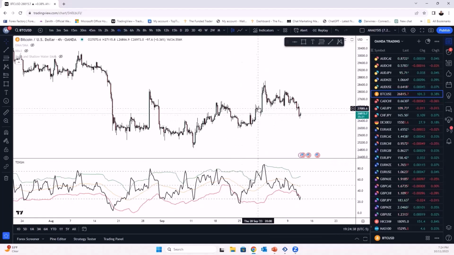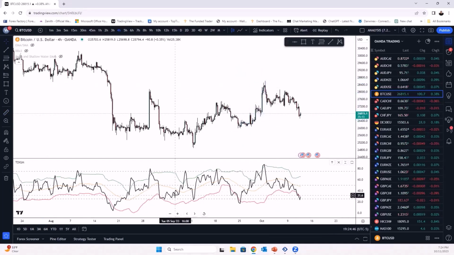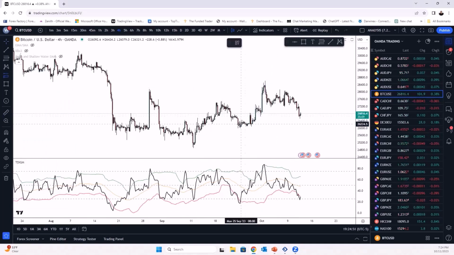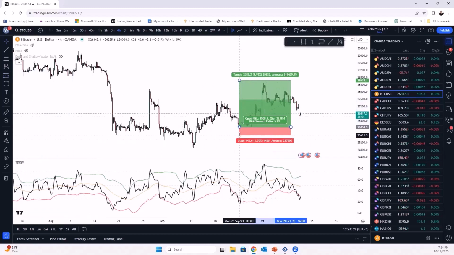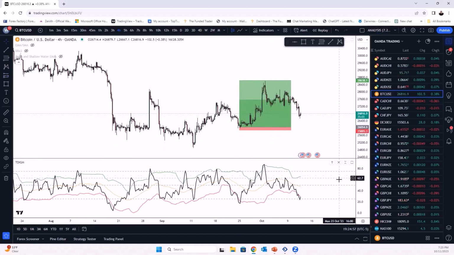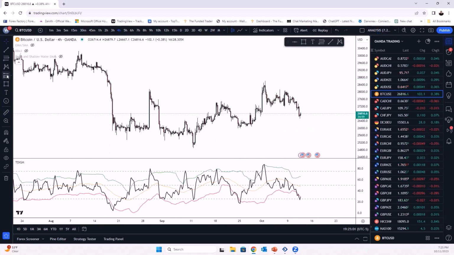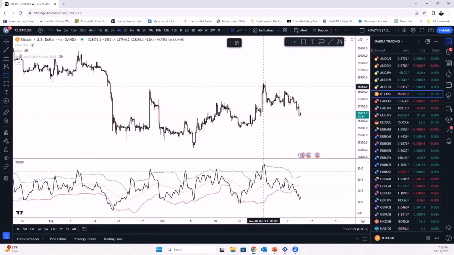And that shark fin produced 2,500 pips. So when we spot those shark fins, here's a shark fin here that played out. And then we had a shark fin here that played out.